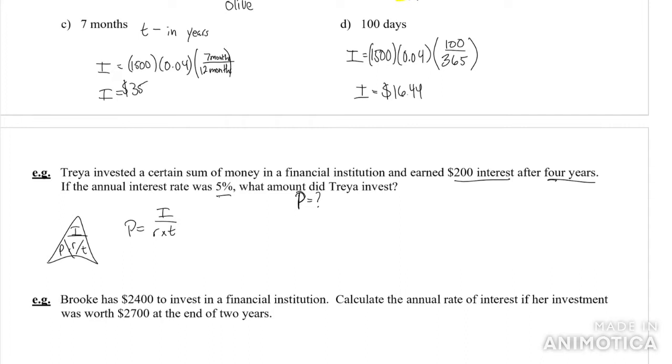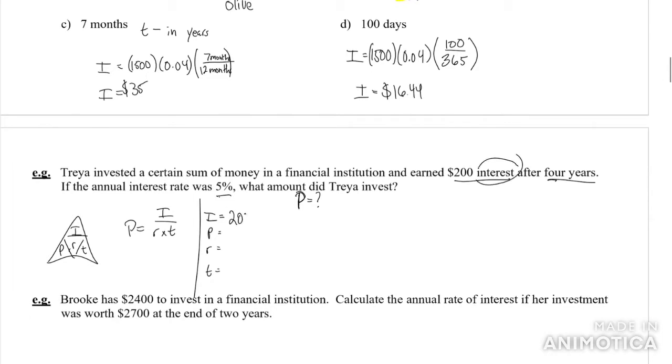And I like to write out all my variables, so I want to be very clear on what I know. So I is equal to something, P is equal to something, R is equal to something, and T is equal to something. So oftentimes what I'll do is I'll set up a little grid like this. So $200 interest, I'm looking for that word.